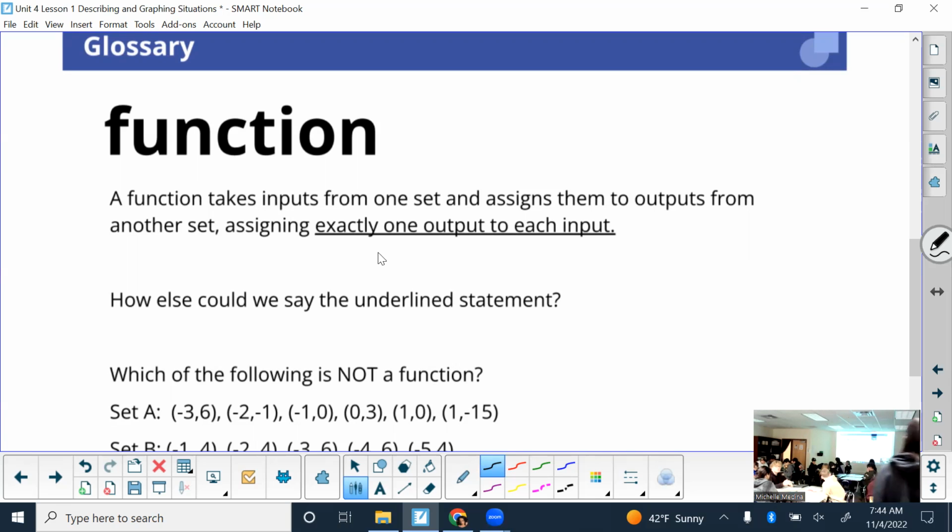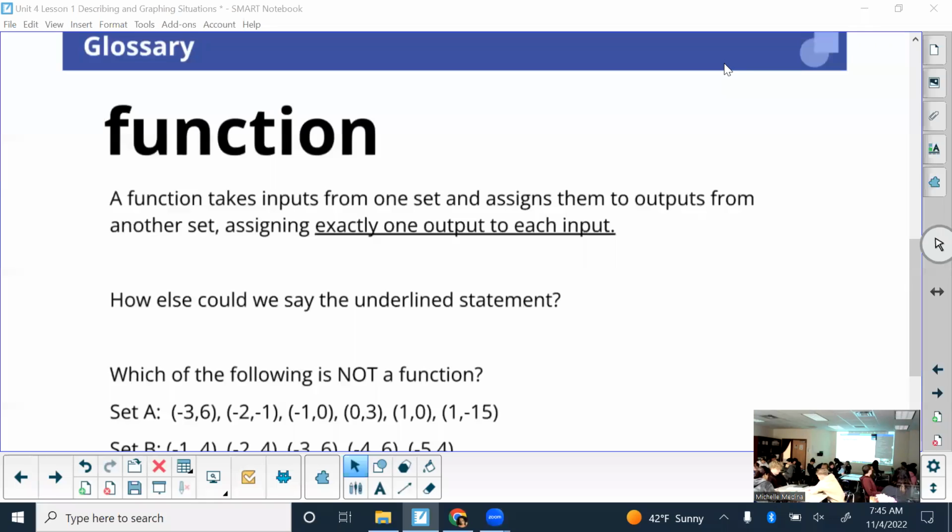Is there a special way that you can remember that isn't this? All right, so if you have a good way of restating that underlying part, exactly one output to each input, what would you guys say? Everyone?